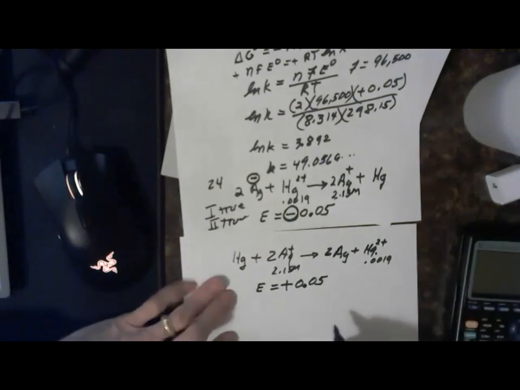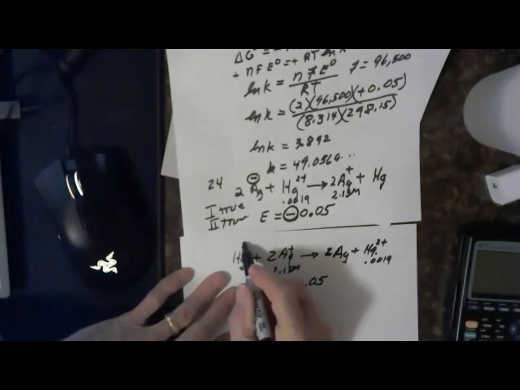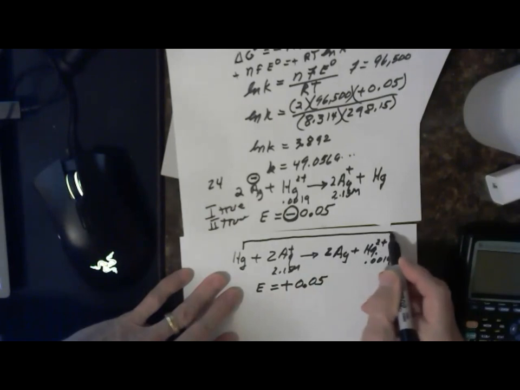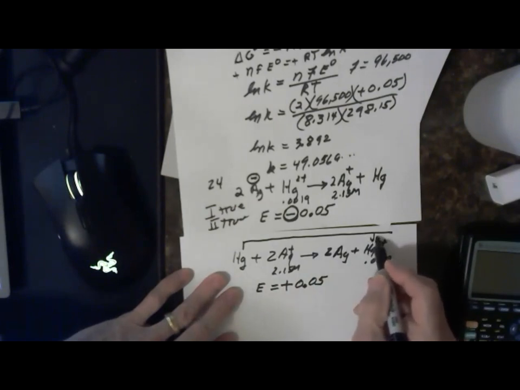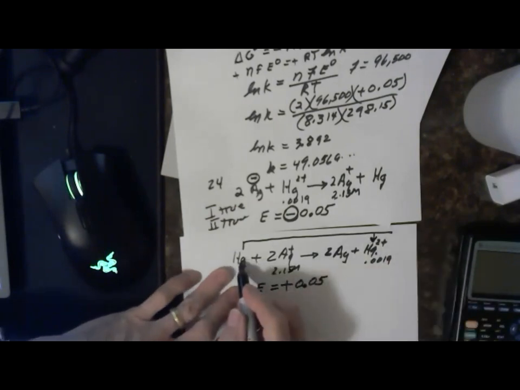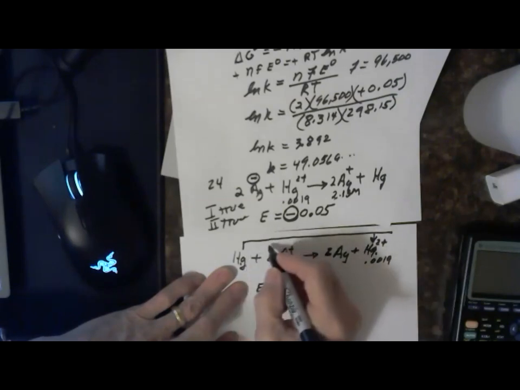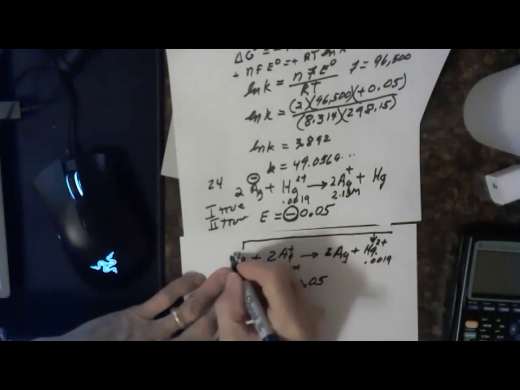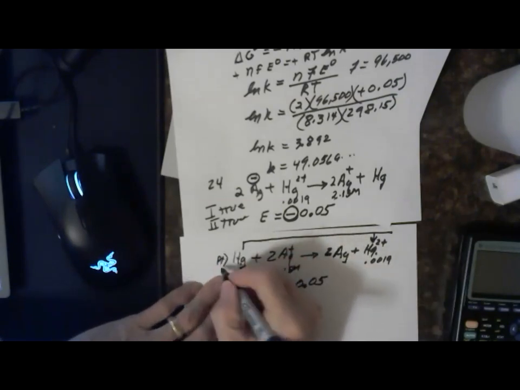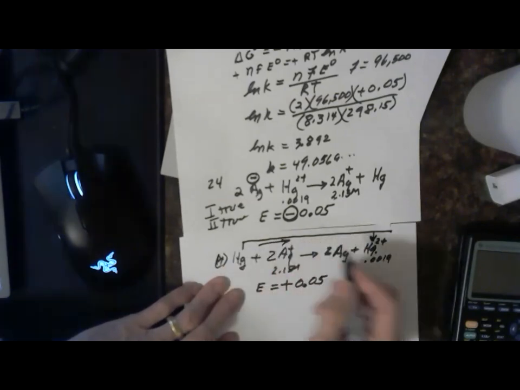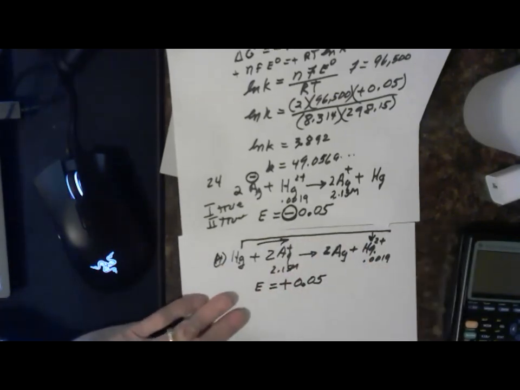Okay, now let's look at what's happening. I always look at the oxidation that takes place. Here's the oxidation that takes place. So that means the mercury is going to mercury plus 2. The 2 electrons are going to travel from the mercury electrode. In this case, it's going to be platinum, over toward the silver ion.